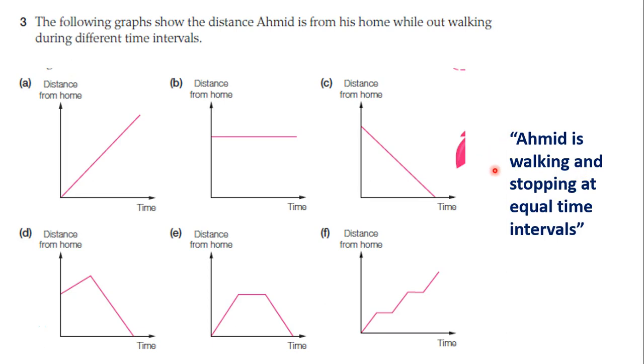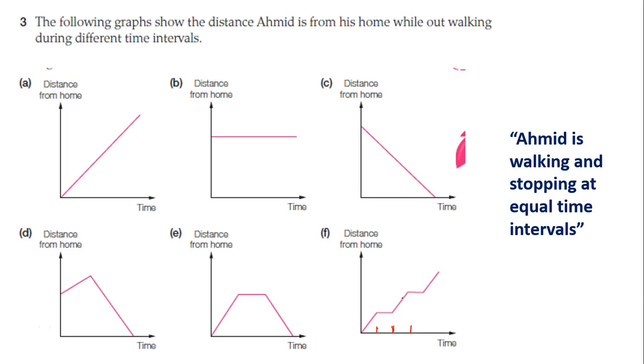Okay, Ahmed is walking and stopping at equal time intervals. So he's walking and stopping. So we're going to look for where there's a gradient, but then it becomes horizontal, levels off. So this one, he's walking away and then stops.